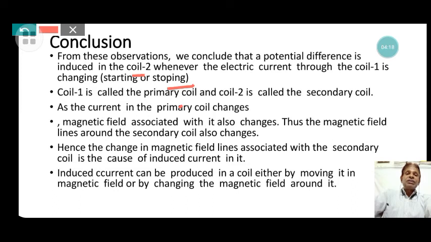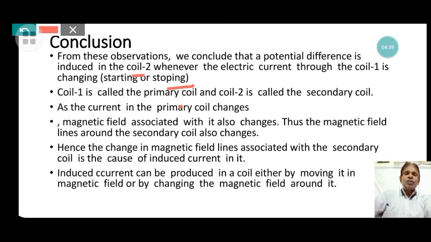As the current in the primary coil changes, the magnetic field associated with it also changes. When the current is switched on and when it is switched off, the magnetic field associated with the first coil changes. Thus, the magnetic field lines around the secondary coil also change.